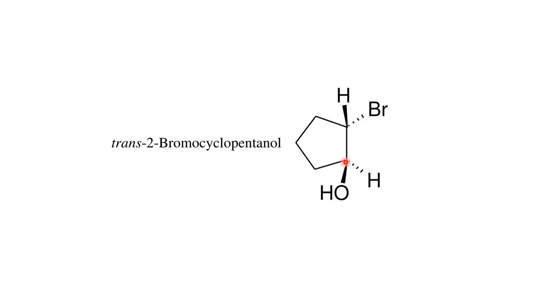The other substituent is bromo, so it's a bromocyclopentanol. Counting from the OH, 1, 2, 2-bromocyclopentanol, and they are trans: trans-2-bromocyclopentanol.